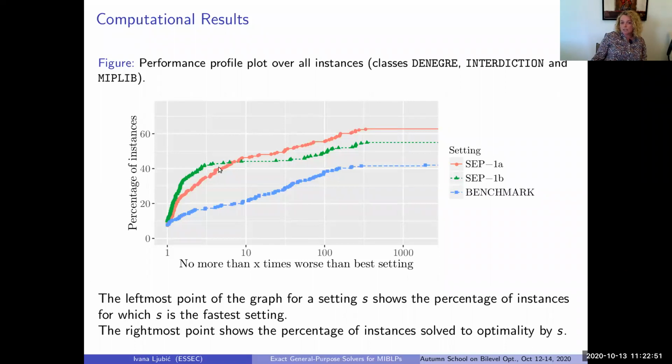What you can also see is that there is a portion of instances which are easy, in which case only adding the intersection cuts at the root node is sufficient to find the optimal solution. However, there are some more difficult instances where it pays off also to add the intersection cuts deeper in the branch and bound tree.